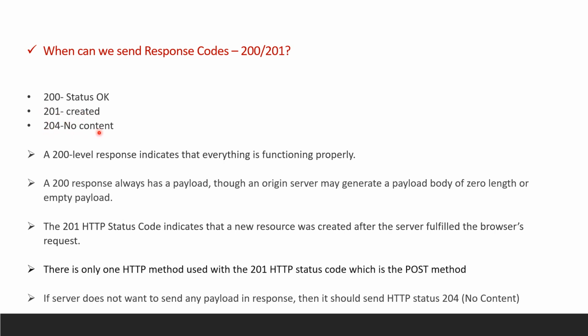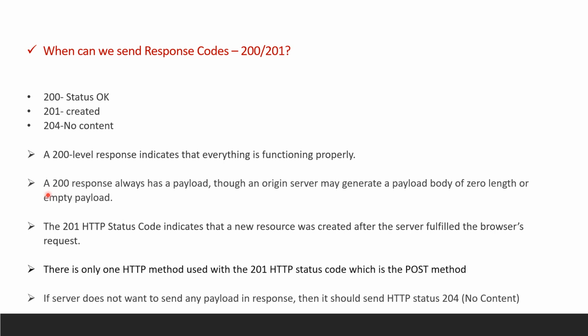Sometimes interviewers ask what is 200, what is the message it will give. So this question also he might ask: when do we get a 200, and what is its message. A 200 level response indicates that everything is functioning properly. So if we are getting a response in the 200 category, it means the functionality which we are doing is actually working properly.